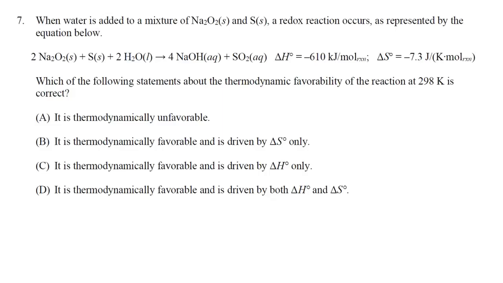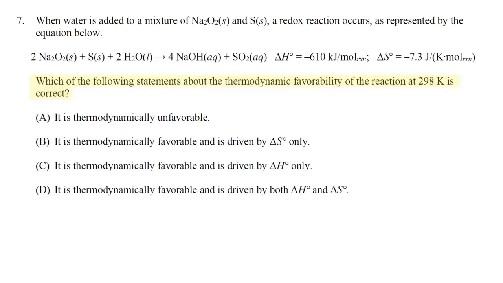And the question asks, which of the following statements about the thermodynamic favorability of the reaction at 298 Kelvin is correct? And we can see words such as unfavorable and favorable, and we can see words such as driven. So driven by delta S, driven by delta H, or driven by both delta H and delta S.